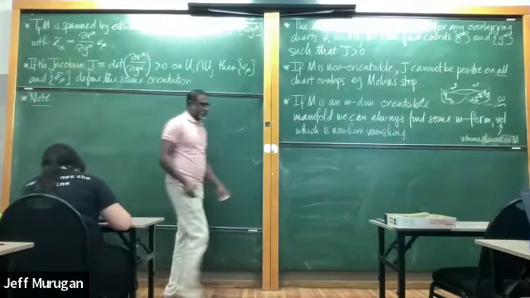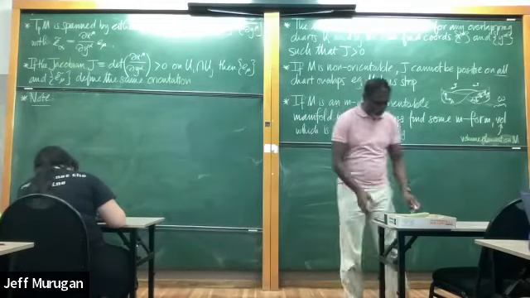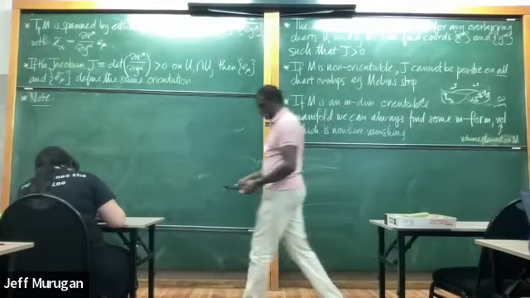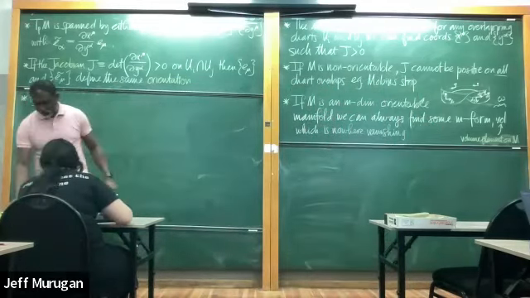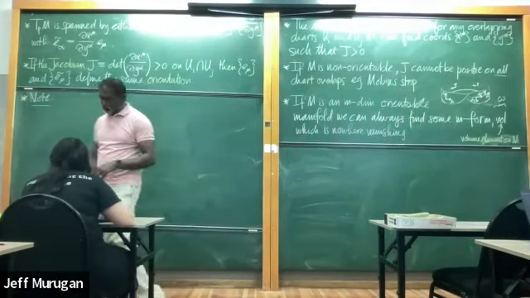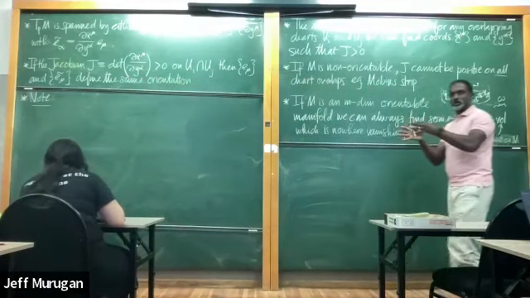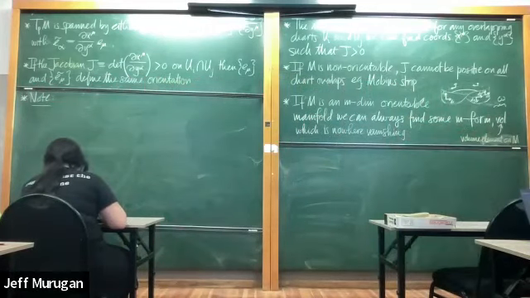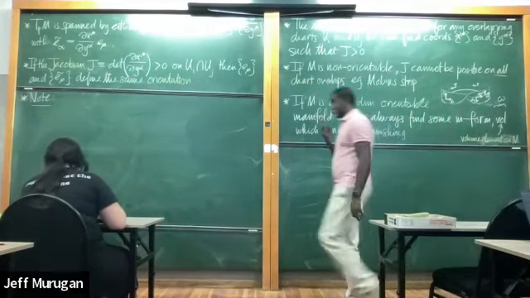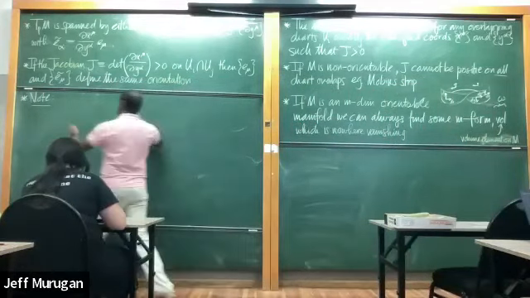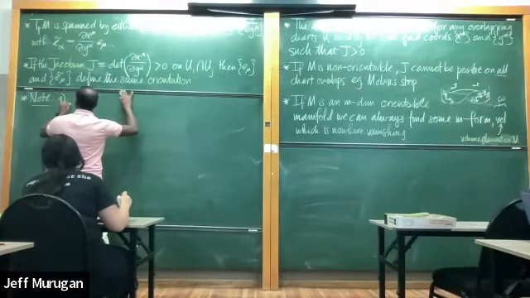There are some points worth noting here. One is that two volume elements are considered equivalent if we can find some strictly positive function such that one volume element is that strictly positive function times the other volume element. If I can find this, then those two are equivalent.